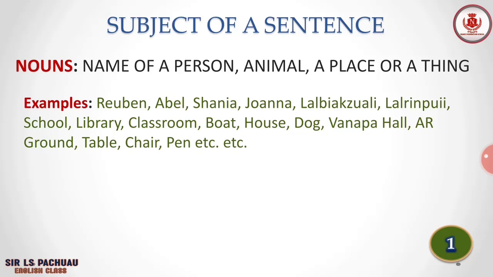Here boat and house are things. We can simply call it a thing. Dog is an animal. Table, chair, pen, these are names of things. Alright, we know nouns, right?